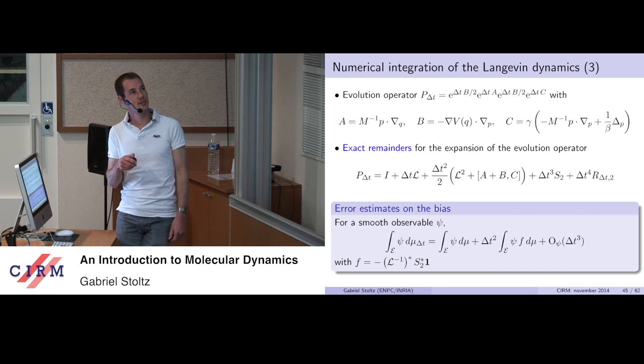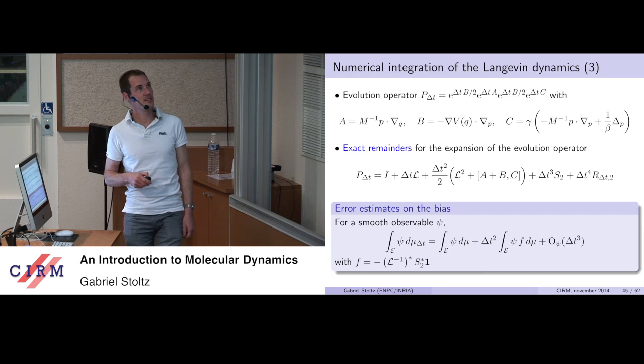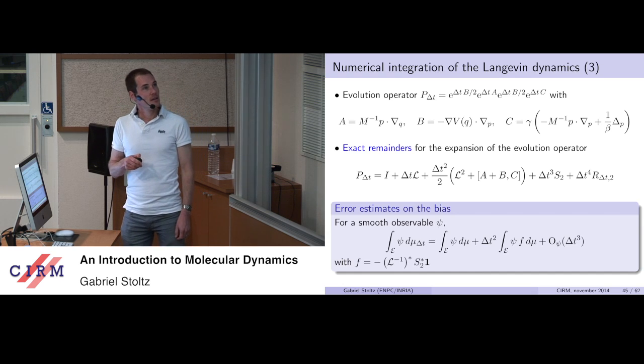This commutator appears because of the BCH formula. There is some algebraic miracle here: even though the second term is not L squared, but a perturbation of L squared, this does not change the invariant measure, and so you can characterize the change in the invariant measure by this S2 term.